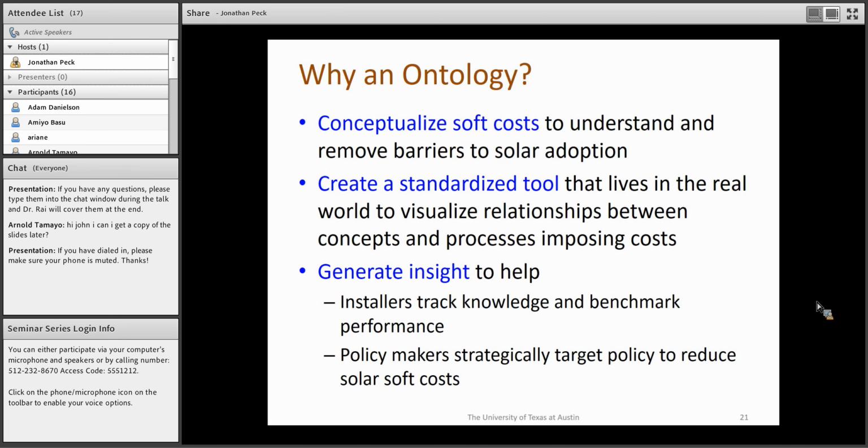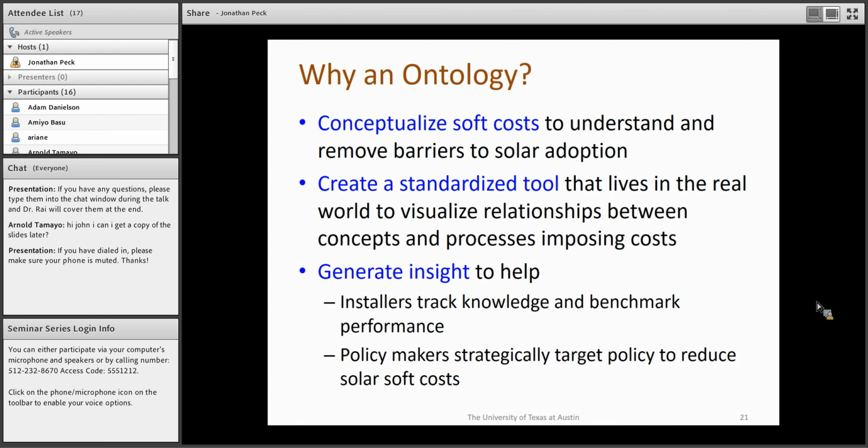And our goal is to have this tool live in the real world so that installers can actually use this as a benchmarking tool to collect their own data or organize their own data according to this systematic ontology, but then also see how their costs are tracking compared to an aggregate benchmark of installers across the US.